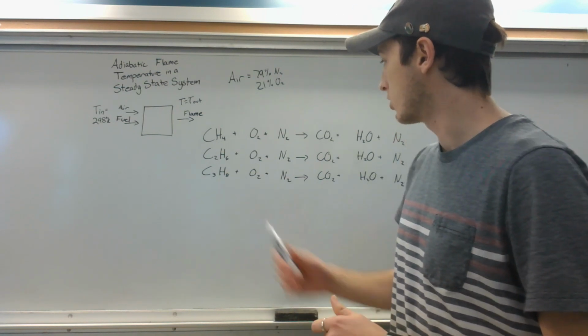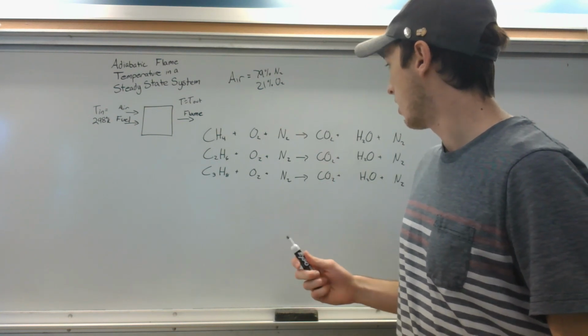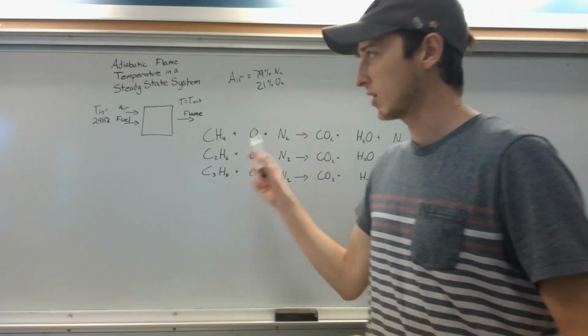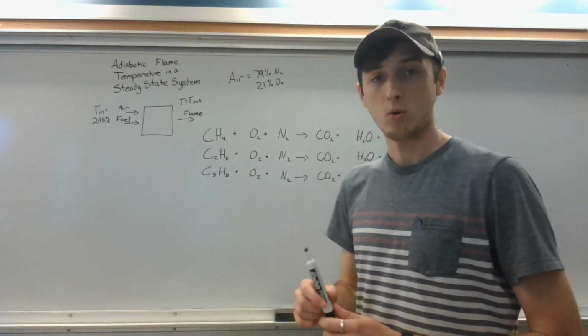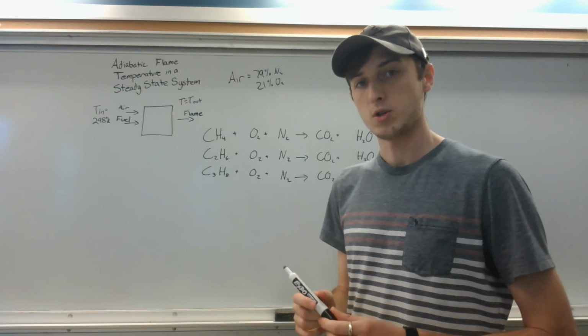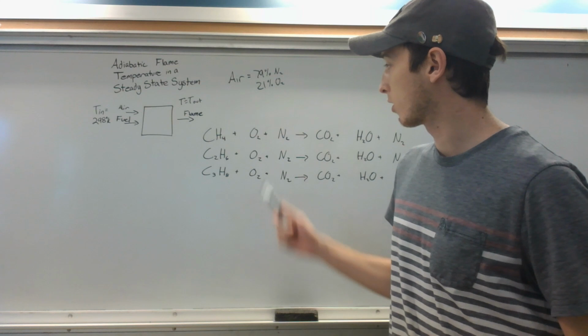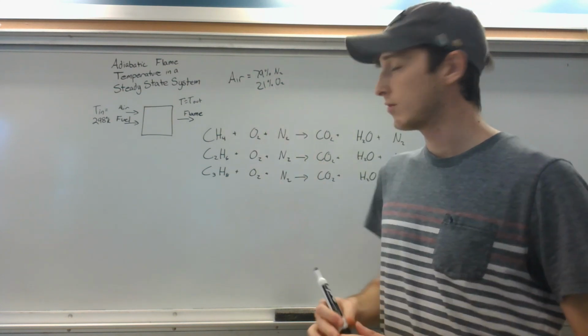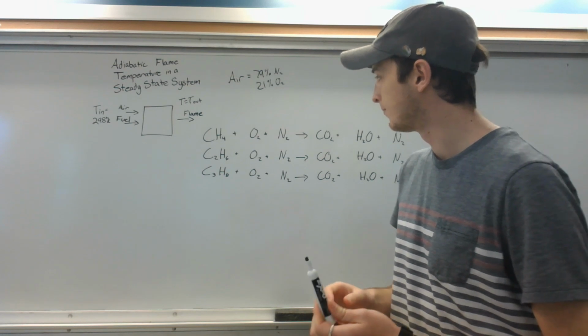For each of these we have a stoichiometry balance set up, and basically each of these different fuels is reacting with air. To account for air, we're just going to consider the oxygen and the nitrogen components, and we're going to define that as 79% nitrogen and 21% oxygen.